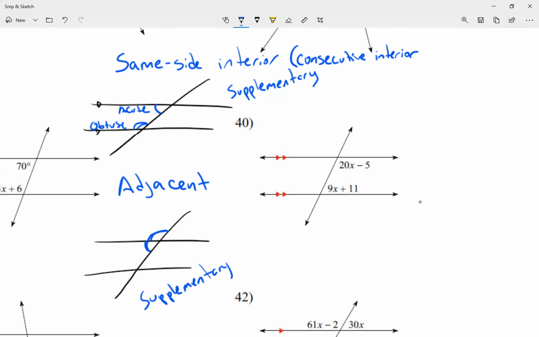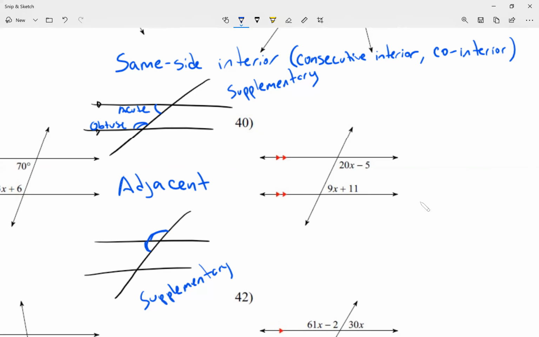And even some other teachers also call this co-interior. So we write co-interior. Notice one thing, co-interior has a dash in between. For same side interior, I also use a dash in between the two words. So same side interior, that's how I call it. But some teachers call it consecutive interior and some others call it co-interior. It is a personal choice. The angles are still supplementary though.